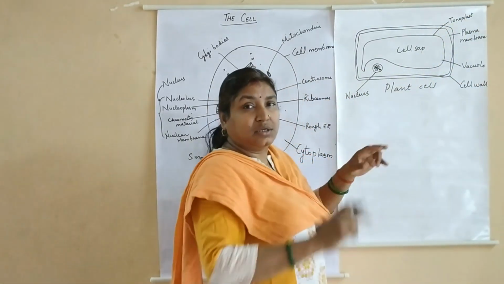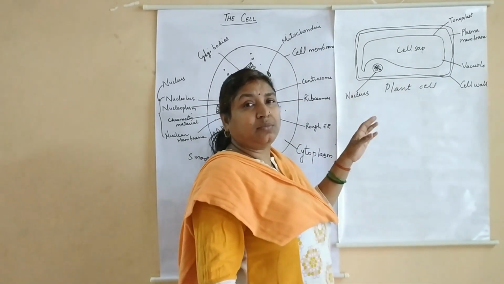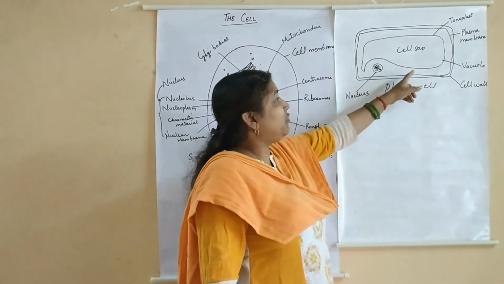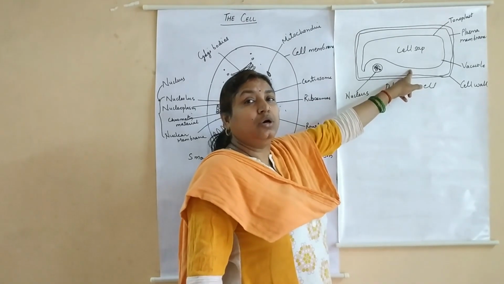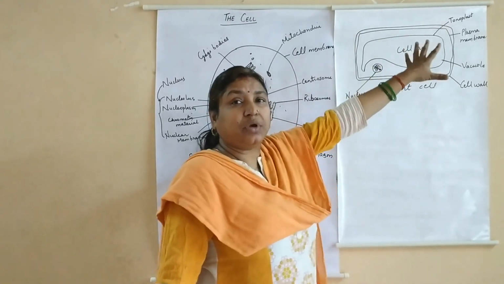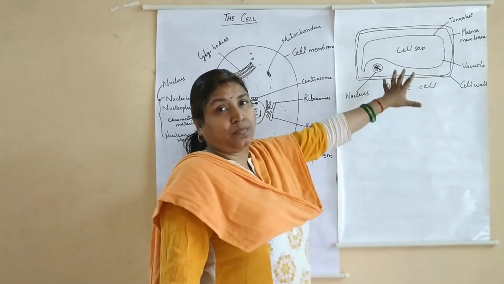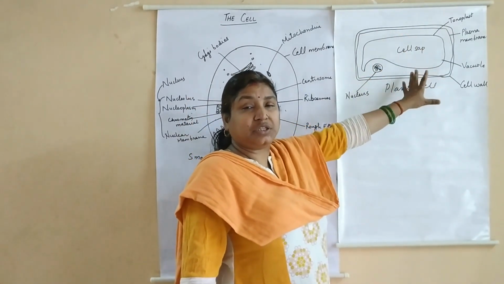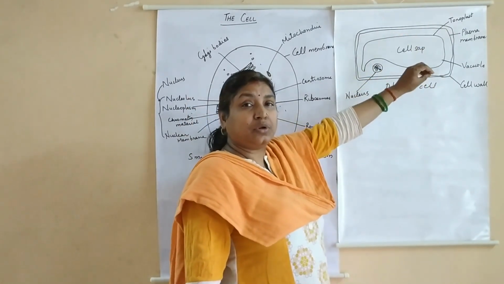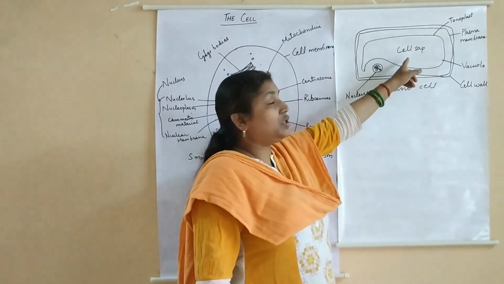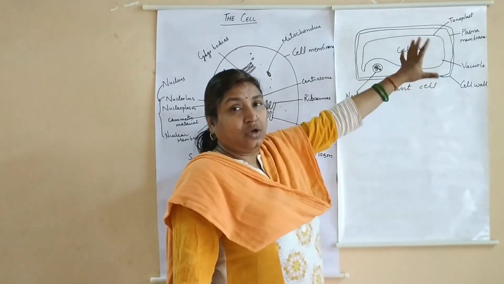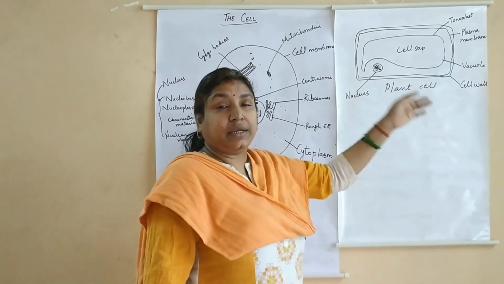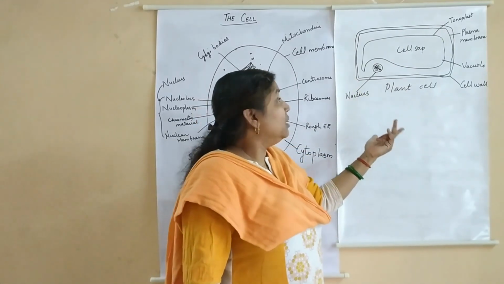Just like the cell membrane, vacuoles also have a membrane called tonoplast. The function of the vacuole is to store starch granules, oils, resin, tannins, all the waste, and all the food produced in the plant. Vacuoles are large; there can be one or many.